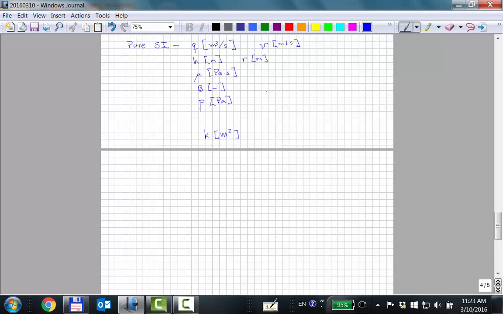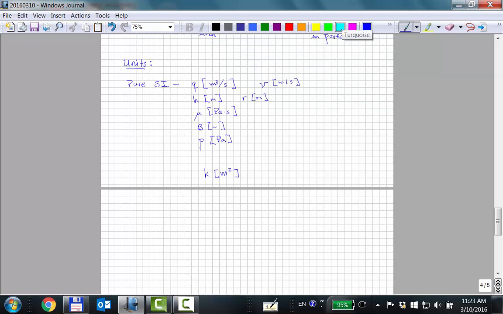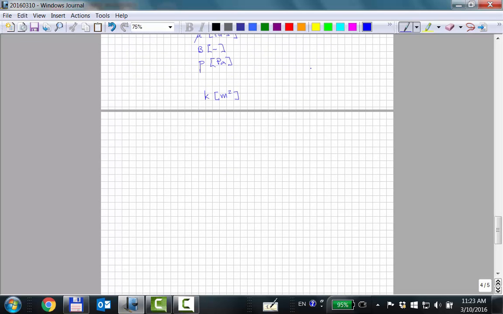Since we have one constant, we might as well do it so that we can use our favorite units. So we basically have what I'm going to call metric or quasi-SI, and then you've got field units.